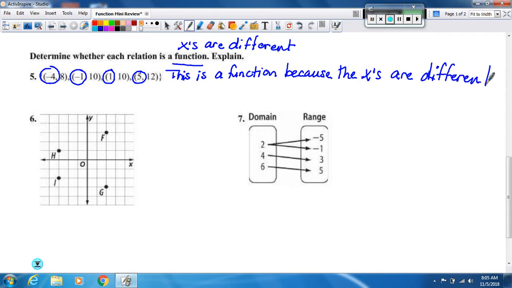Okay, so on this one, you're going to the x-axis because functionality is just with x. See how h and i, they're on the same line? That's not allowed. Same with f and g. So this is not a function.